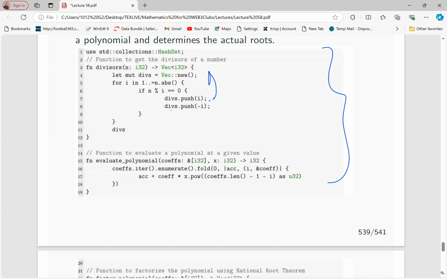Of course, it began the same way we began, by identifying the possible roots. So that's what it's doing. When it finds something is a root, it pushes it inside this vector, and then it collects all those.